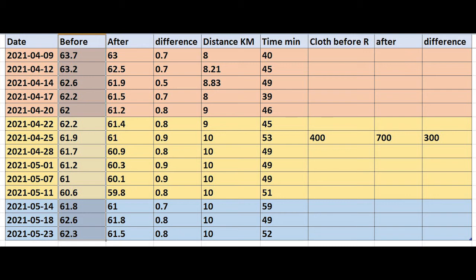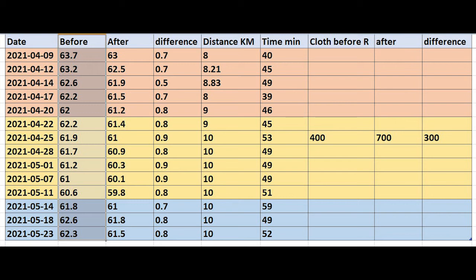Later on, I thought, in the orange and yellow periods I did 1 meal a day, and I thought let me try 2 meals a day and see what will happen.